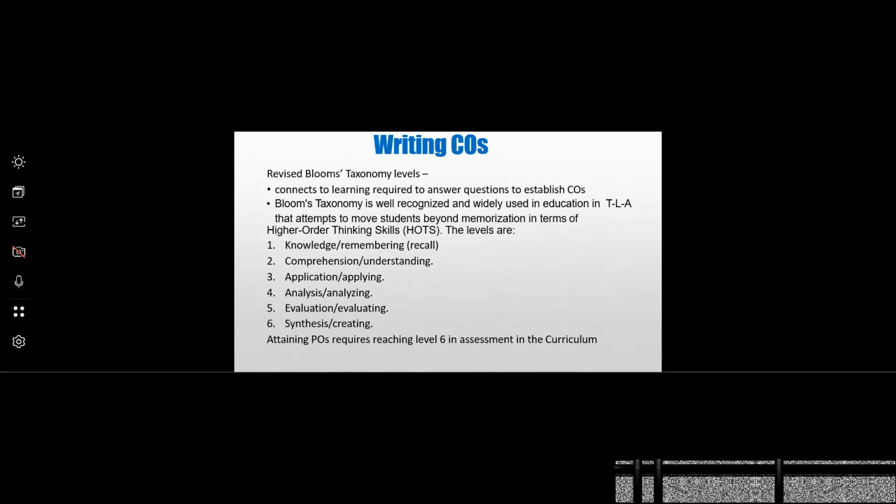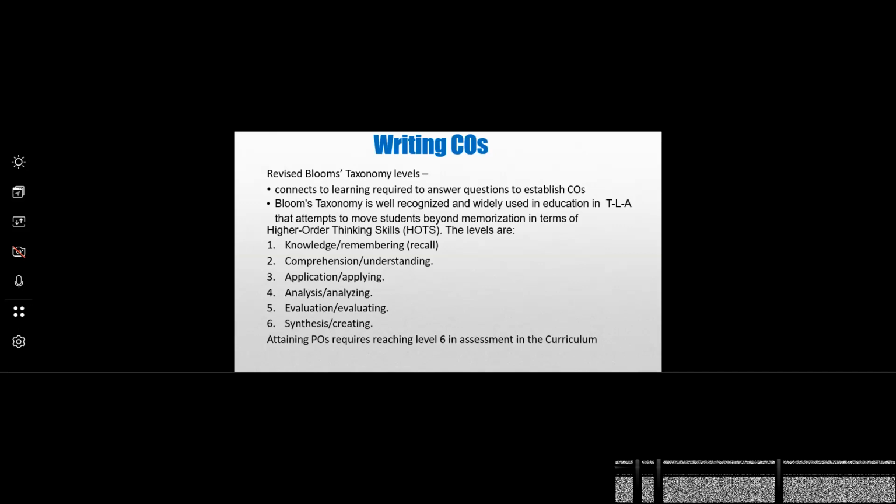For example, a question paper contains 3 questions, 1A, 1B, 2A, 2B, 3A, 3B, and let us say you have 5 or 6 course outcomes, CO1 to CO5, and you have 12 program outcomes. One thing is very sure: all program outcomes cannot be attained or achieved in a single question paper.